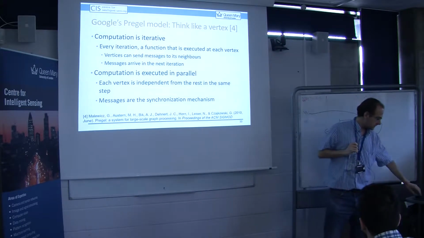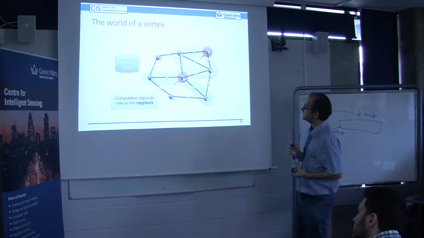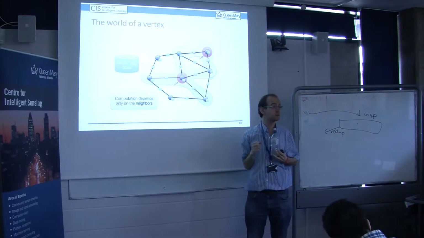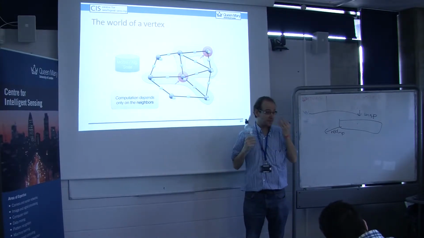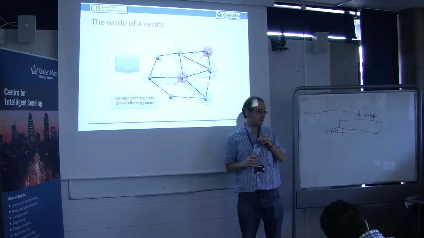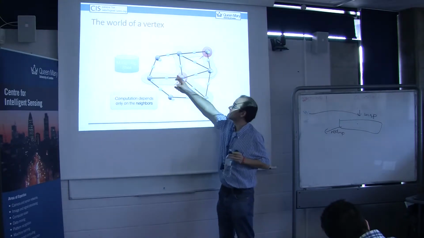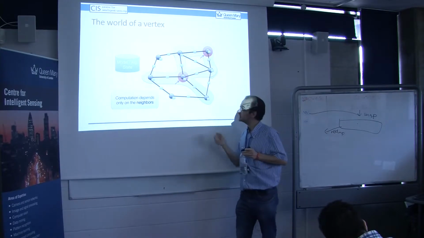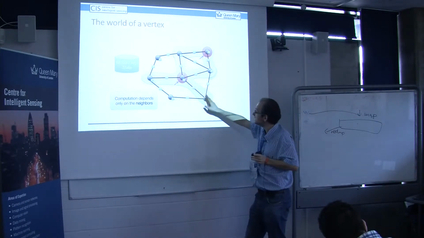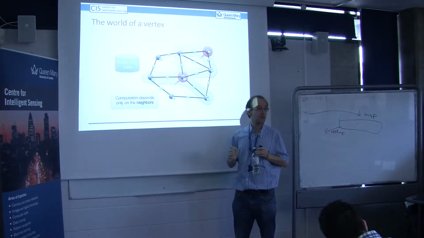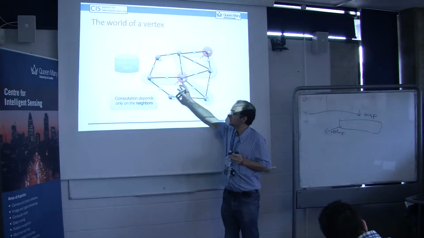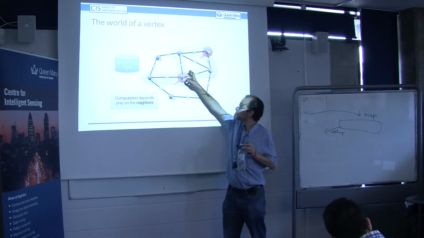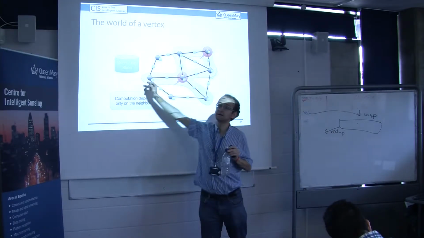You need to basically put yourself in the skin of each one of the elements of your graph. As a vertex you will see what your current state is, what current information you have, who your neighbors are, what your degree is, what outgoing and incoming edges you have, and possibly who is at the other side.